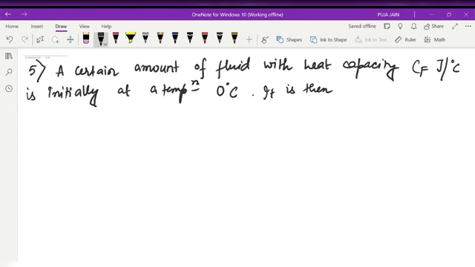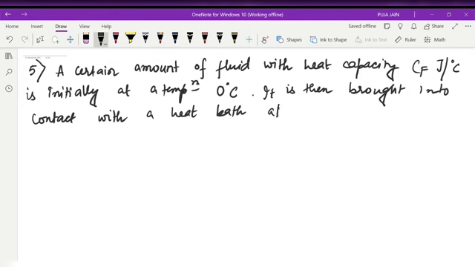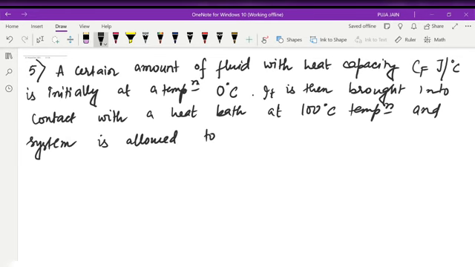It is then brought into contact with a heat bath at 100 degrees Celsius temperature, and the system is allowed to come into equilibrium. Then you need to find delta S universe.